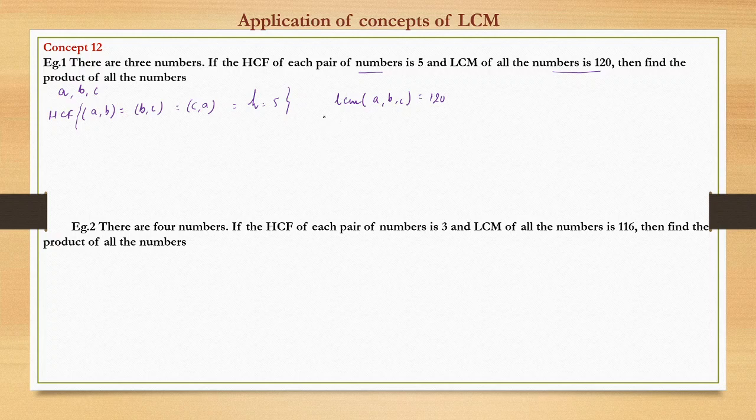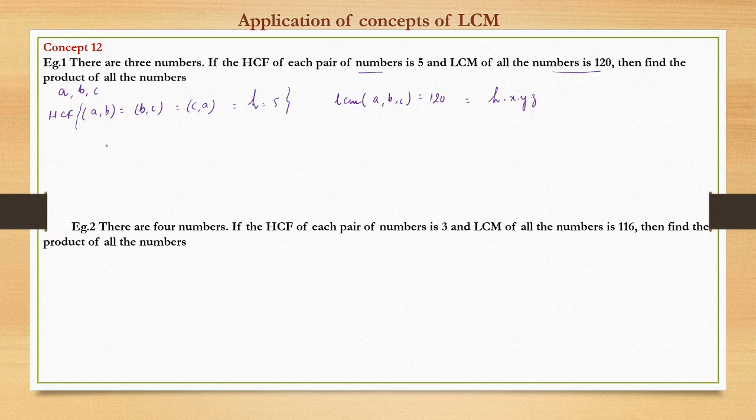Now we know we can directly use the formula. This 120 we can write as H into XYZ, where X, Y, Z are co-prime numbers, right? From the previous page we can refer to this.